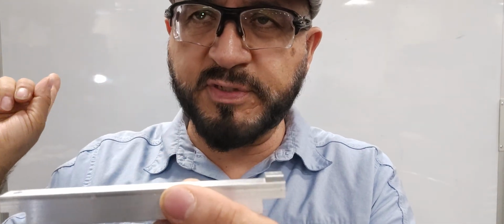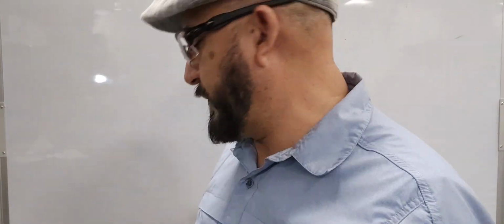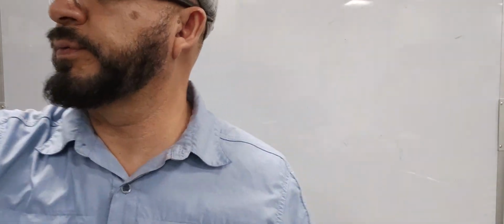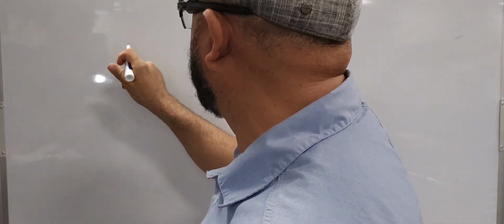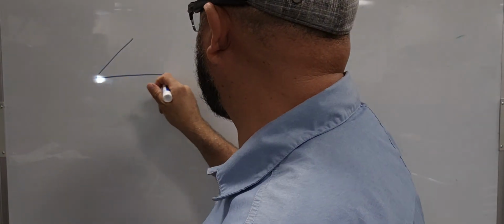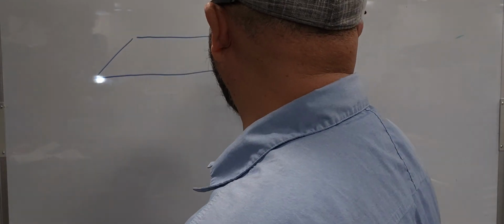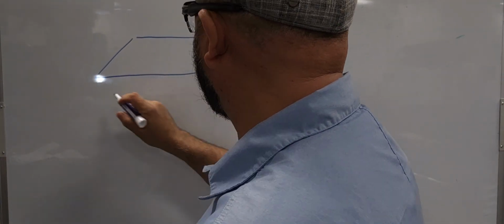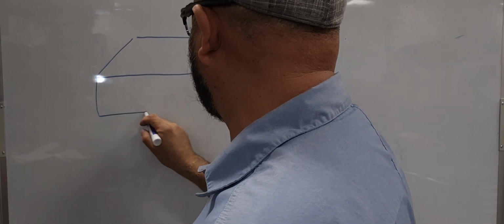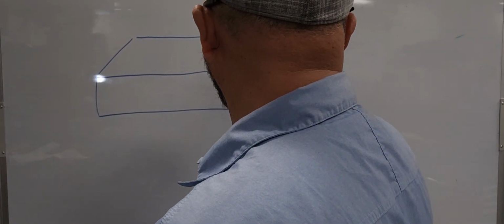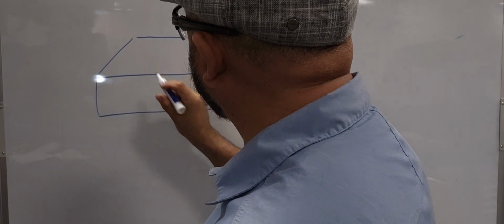I'm going to do a couple drawings here and where we need to be as far as distances and dimensions. So here's my piece. I'm going to draw it, just a basic one. So imagine that piece is this, right? And I want to create a pocket.